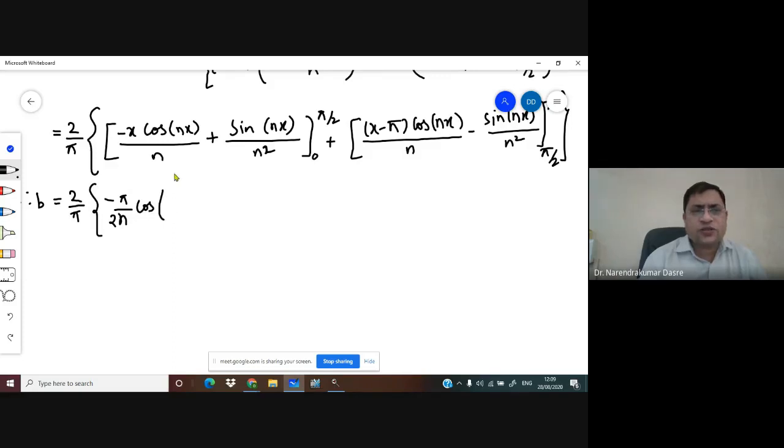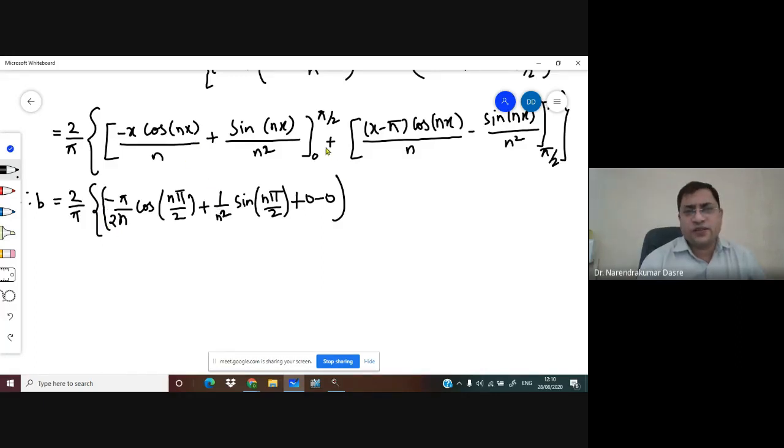And here I'll be having cos of n pi by 2. Now plus we'll have 1 upon n square. And here I'll be having the term sine of n pi by 2. This is the upper limit when we have pi by 2. Now put 0. So if I put 0, this term will be plus 0 and sine is 0. So this term will be minus 0. So this is the value for the first integral.